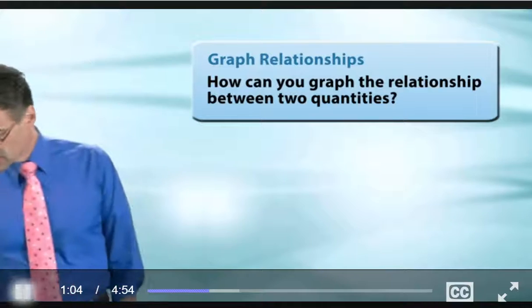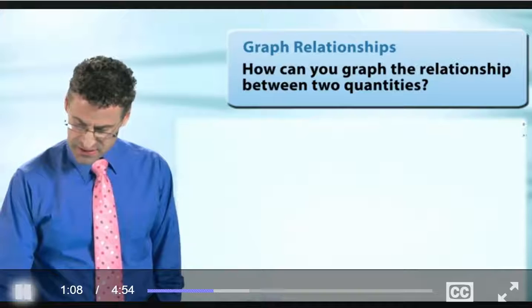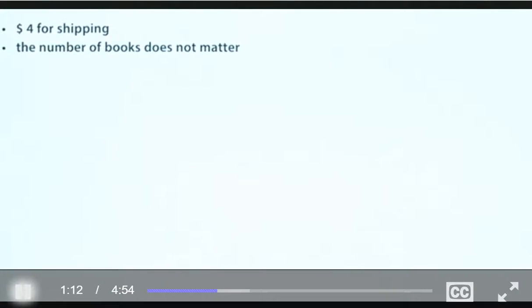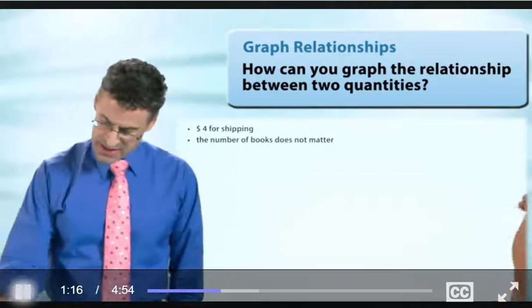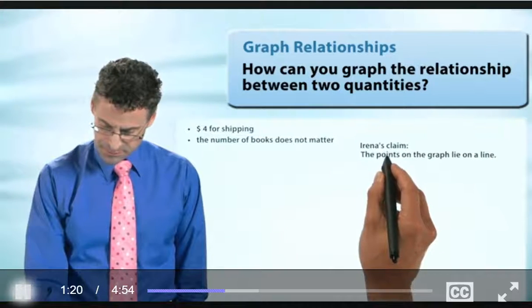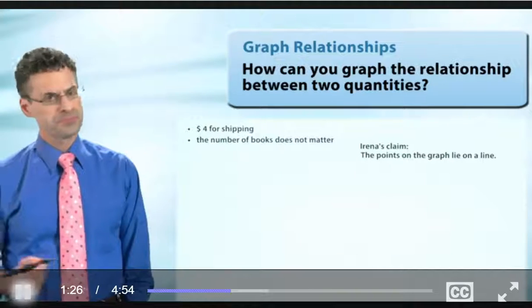Well, let's see if we can recreate exactly what Irina did. First, let's remember just the basic facts. Just the facts, please. You pay $4 for shipping, and the number of books that you order doesn't matter. And here's the claim we want to think about: the points you graph actually all lie on a line.